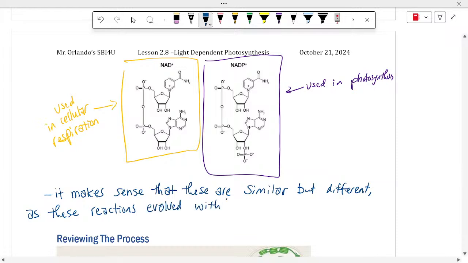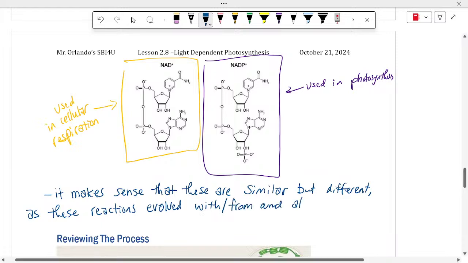They evolved with, from, and alongside the reactions of cellular respiration.